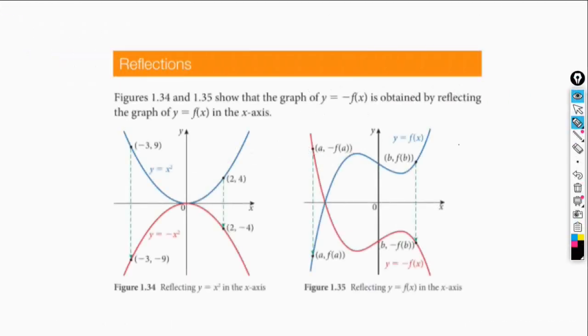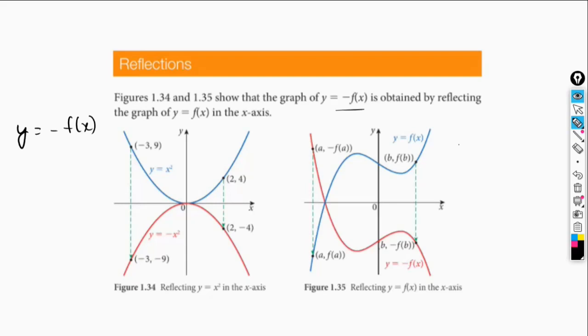In the next slide, we're going to see the topic of reflections. So first we have figures 1.34 and 1.35 that show the graph of y equals minus f of x. And minus f of x is obtained by reflecting the graph of y equals f of x in the x-axis. So notice that when we say y equals minus f of x, what we're saying is reflect every y value, or do the opposite of y.